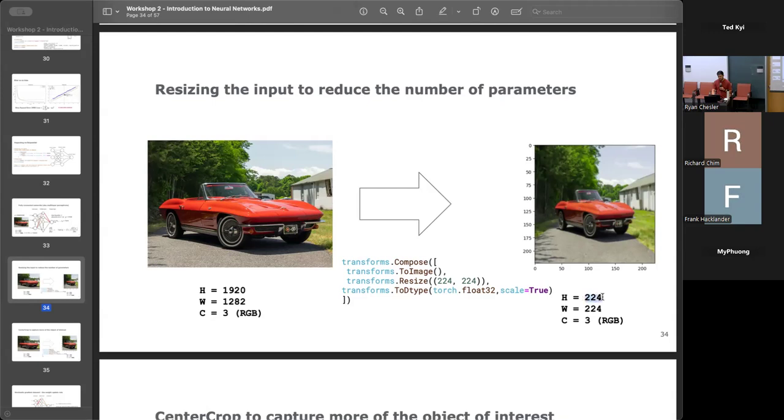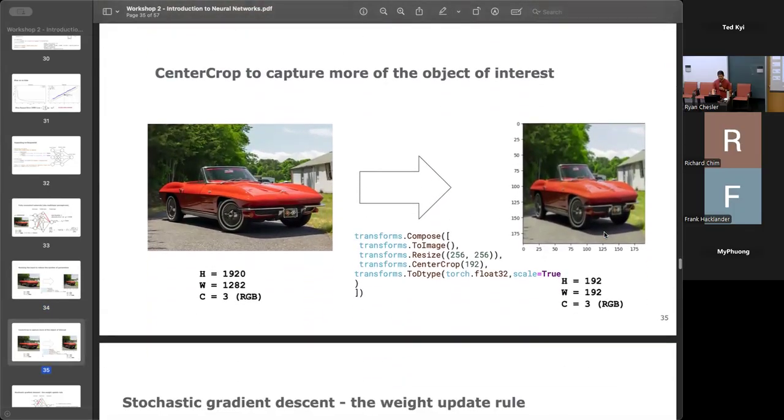We can reduce it down to 224 by 224, which is a pretty standard image resolution. A lot of models are trained at this resolution for classification. And then we've reduced the space by a huge factor, but we can still tell it's a car. So hopefully the network that we train can also still tell that it's a car.